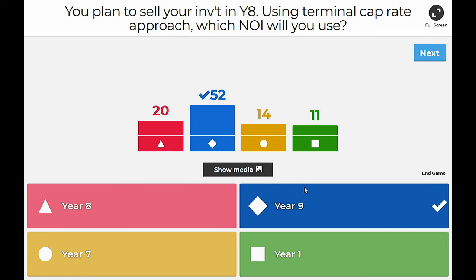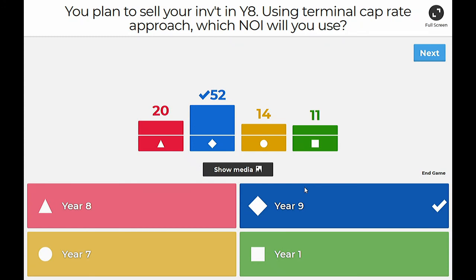As I said, when you're making decisions in property investment, it's all about the future. You can look at historical data all you like, but all the value of that historical data is just to look at the trends and be able to predict what's going to happen in the future. So the focus is still on the future.